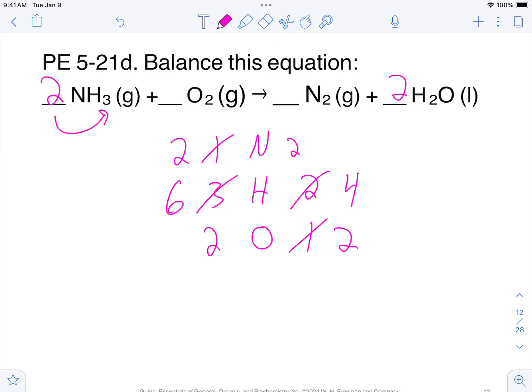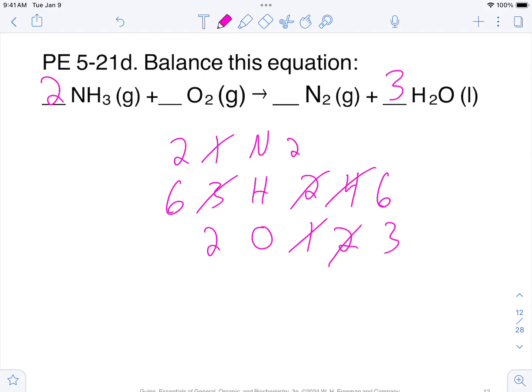The 2 times the 3 is a 6. So I need more H's on the right-hand side. Now, if I need 6, I need to change this to a 3, correct? So now I have 6 H's here, and now my O's, I have 3 there.